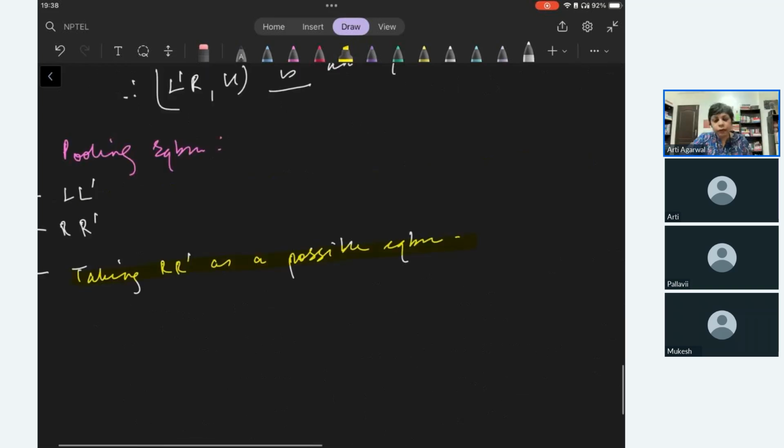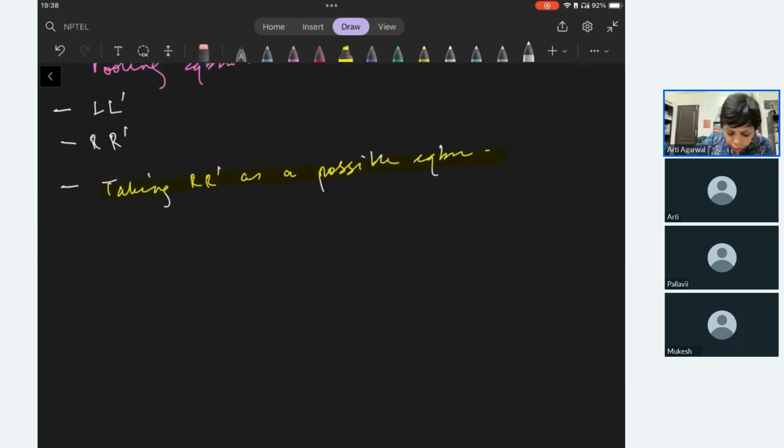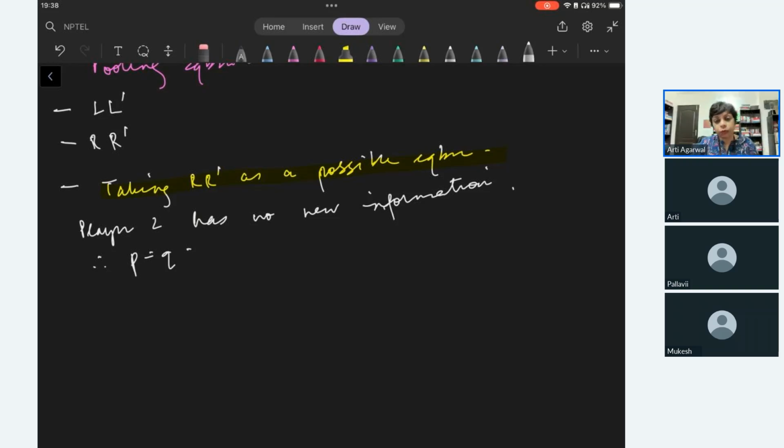Now, in this case, player 2 has no new information. Therefore, P is equal to Q is equal to half.